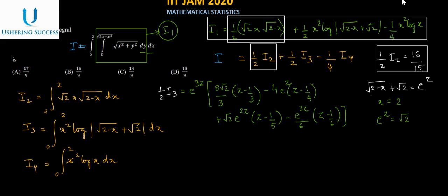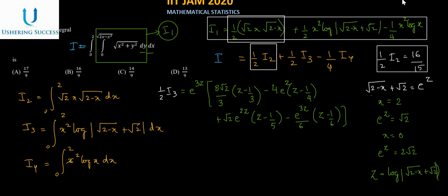And when x is equal to 0, e to the power z becomes 2 root 2. And what about z? So the value of z is equal to log of root over 2 minus x plus root 2.